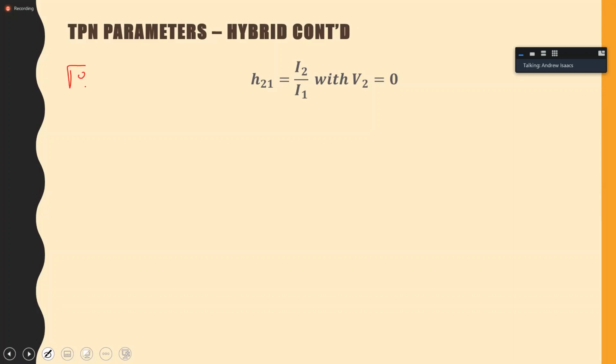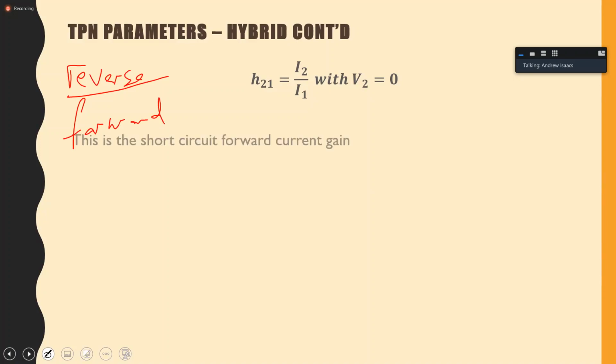Now, by extension to the one that we just did, which was H12, we said reverse voltage gain. So, just to be good engineers, we're going to try to be consistent. So if 1, 2 is reverse, then 2, 1, we're going to call it forward. So H21 would be the short circuit forward current gain.